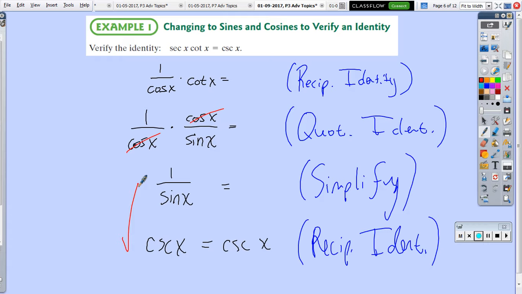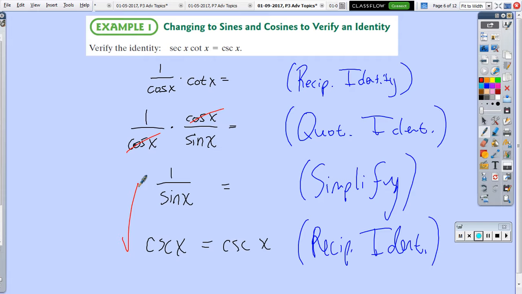After you got 1 over cosine of x times cotangent of x, how did you get 1 over cosine of x times cosine of x over sine of x? If you look at your reference sheet, under quotient identities, it says that cotangent of x is equal to cosine of x over sine of x.